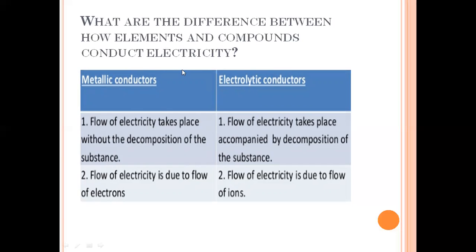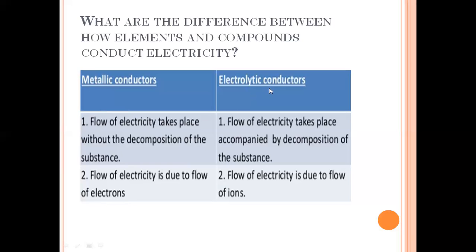Let's see how electricity passes through a metallic conductor and an electrolytic conductor. Metallic means metal. Metals have some free electrons, which give the pathway to move electricity. The flow of electricity takes place without the decomposition of the substance. The flow of electricity is due to the flow of electrons.